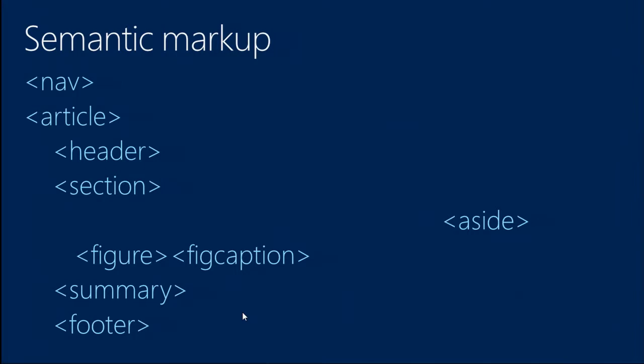Some would say that the article is the stuff that you want to syndicate if you were doing RSS, and everything else is just sort of fluff that goes around it. You have other sections like the nav section, which is where you put your navigation. There's summaries for sections, headers and footers inside of that. And then there's this aside tag that allows you to do sidebars inside of it. So this semantic markup is more oriented towards publishing kinds of ideas that will be presented on your page.